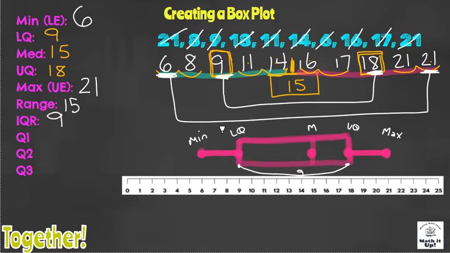That's 9. If we go from here to here, that's our full range, and that's 15. In addition, this line represents quartile 1. This line represents quartile 2, and this line represents quartile 3.